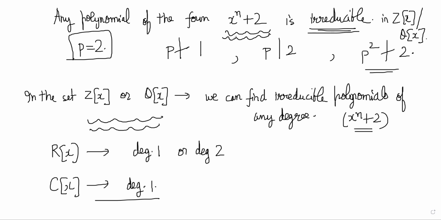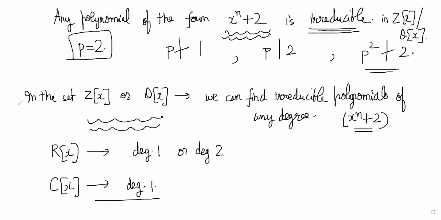However, it is not necessary. There are many polynomials that you can find which will not satisfy Eisenstein's criteria but are still irreducible in Z of x. So it's a sufficient condition. If Eisenstein is valid, the polynomial is irreducible, but the converse is not true. If the polynomial is irreducible, it may still not satisfy Eisenstein's criteria. So you need to remember that.